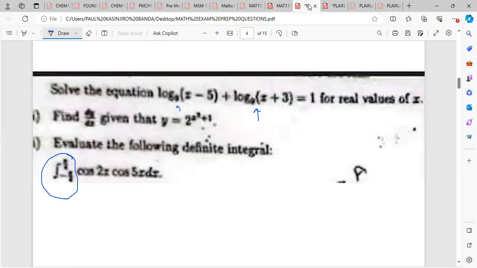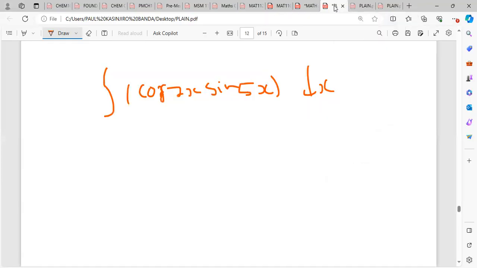We have the integral of cos 2x, then we add the sine 5x there, and we integrate this in relation to dx. Yes, that's the correct question. So how do you integrate such an equation? I have a formula that can make your life very easy when you're given such an equation.